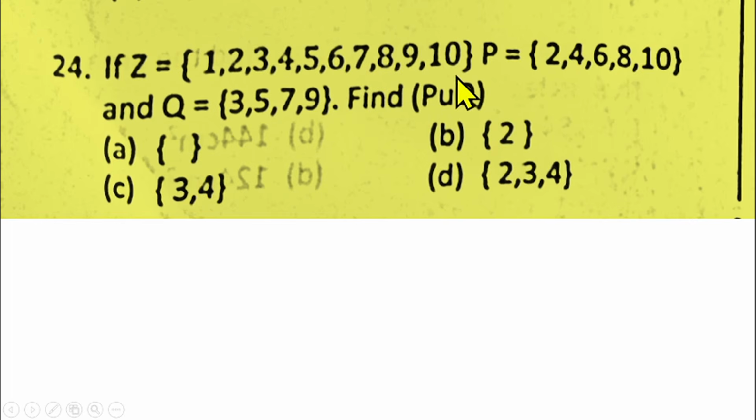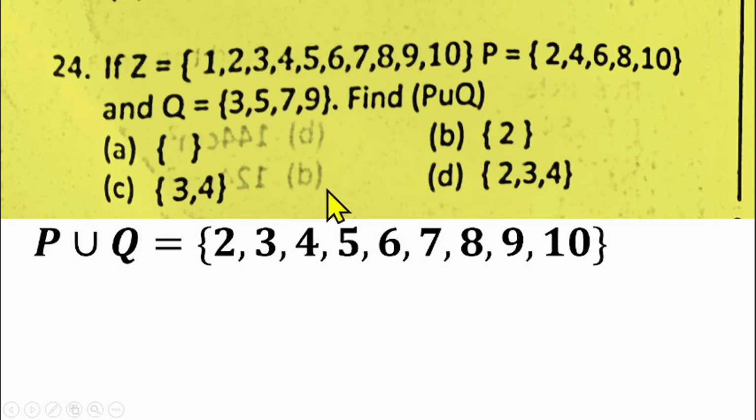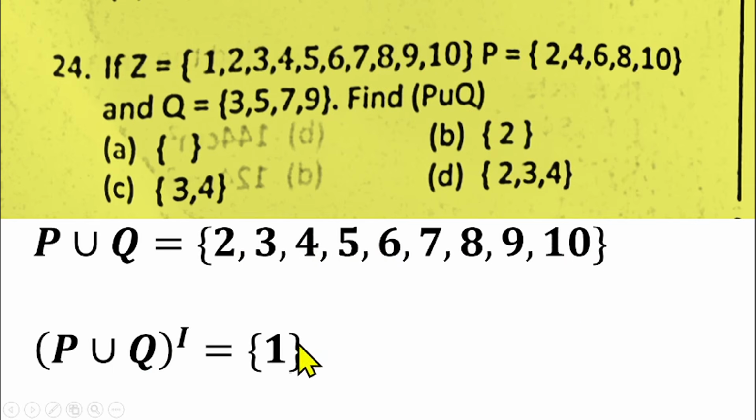But there is an error in the question. Nevertheless, we find P union Q. If you find P union Q, that means you combine the elements in set P and set Q without repetition. So that gives us 2, 3, 4, 5, 6, 7, 8, 9, 10. Therefore, the complement of P union Q will be the elements in the universal set that are not in P union Q. That will be 1.